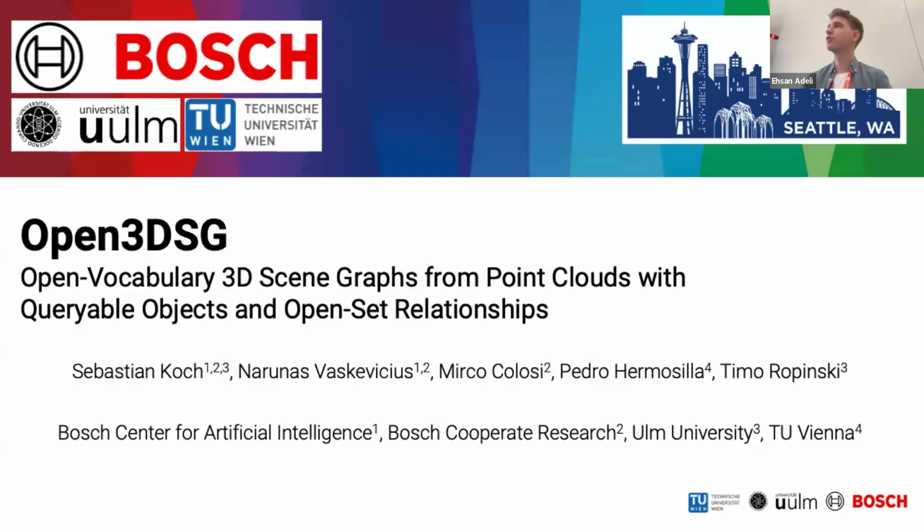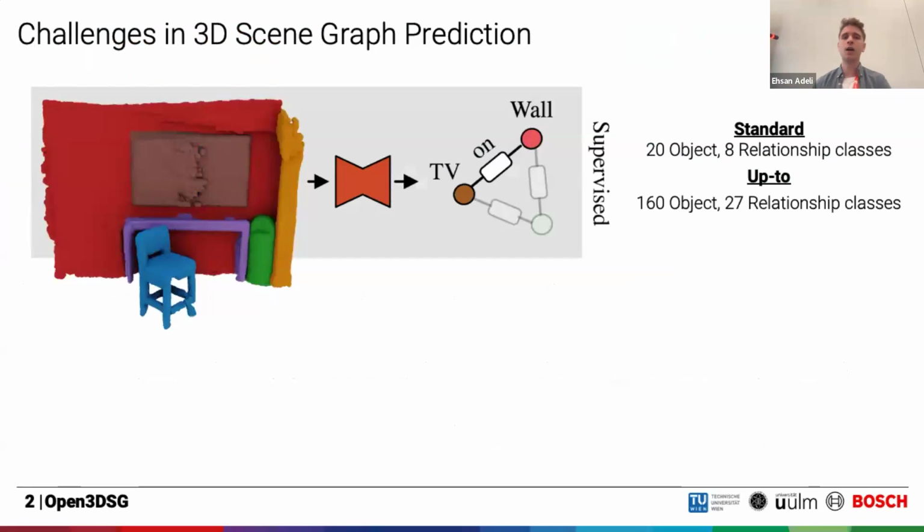I will present Open3DSG: true open vocabulary 3D scene graph generation from point cloud with queryable objects and open set relationships. The task of 3D scene graph generation is going from a point cloud representation to a graph-based representation where the nodes are the objects in the scene and the edges are the relationships between the objects.